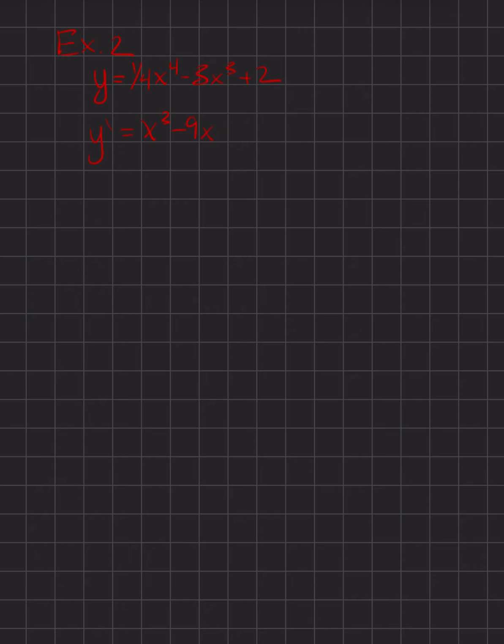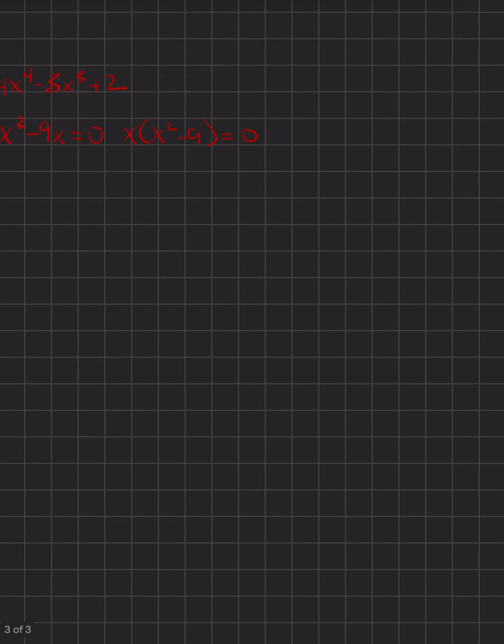Now, we're going to set this equal to 0 to start off. But what I'm thinking here is I want to factor out an x to get x times (x squared minus 9), and this is going to be equal to 0. Because I see here that this is the difference of squares inside.